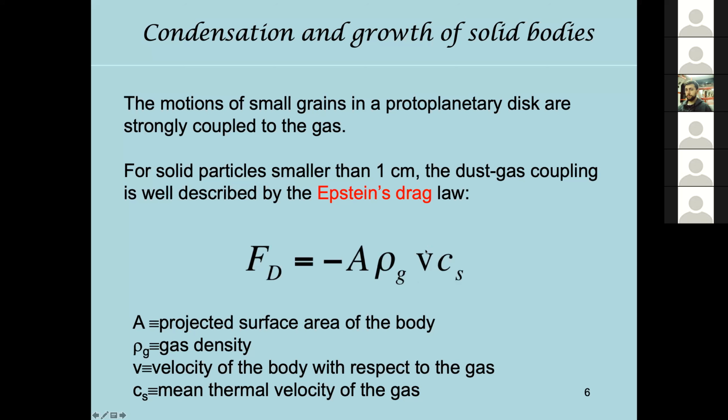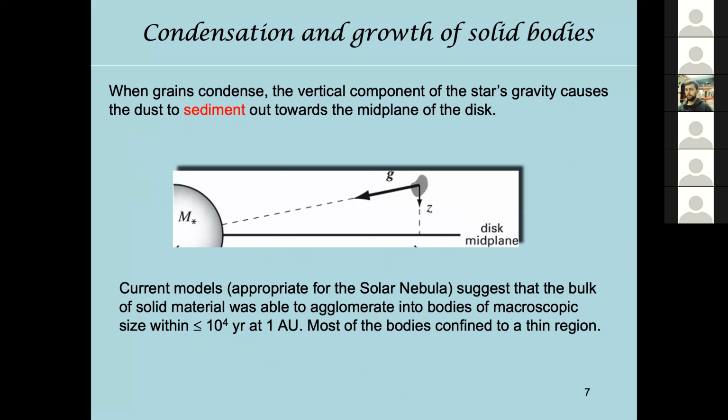So you have to have some kind of relative velocity to have this drag, of course. And then c_s is the mean thermal velocity of the gas that we saw yesterday. It's like our sound speed that we were discussing yesterday. So this is the main equation that you want to use to understand this dust-gas coupling.